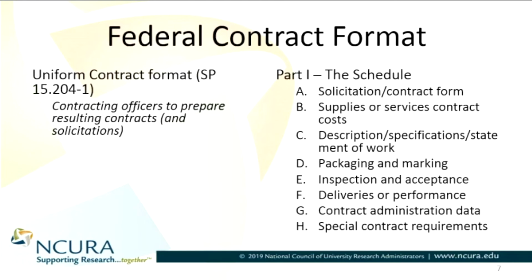Also, you can include here if you have a payment address which is different than your street address. So there are different offices that will require payment go directly to a specific office. If there are changes to that, you can put those here.